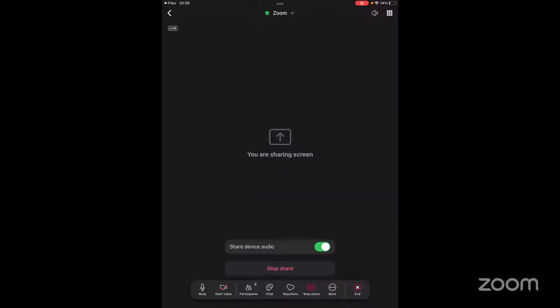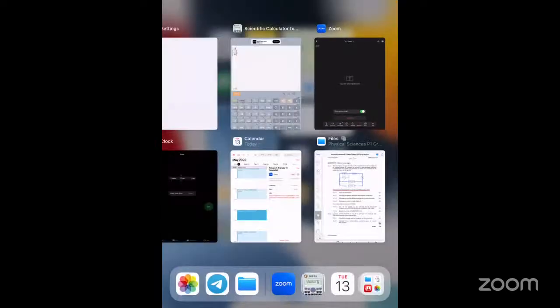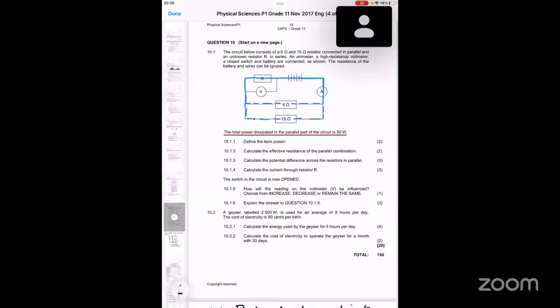Anyone who commented they are done? Or is it difficult? Or what's happening? Guys, what's happening there? Calculate the potential difference across the resistors in parallel.